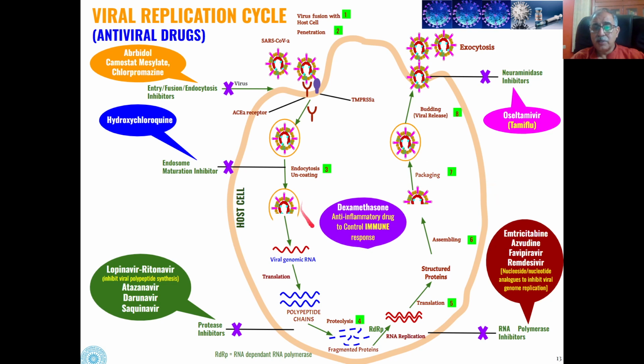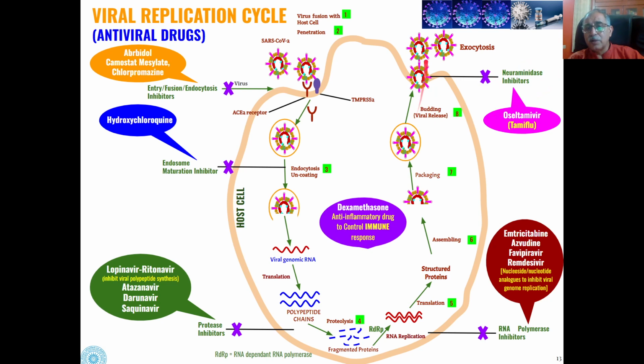And similarly, dexamethasone was used as an anti-inflammatory drug to control the immune system in general for all the COVID-19 patients. Then oseltamivir, the Tamiflu drug, was used as a neuraminidase inhibitor.